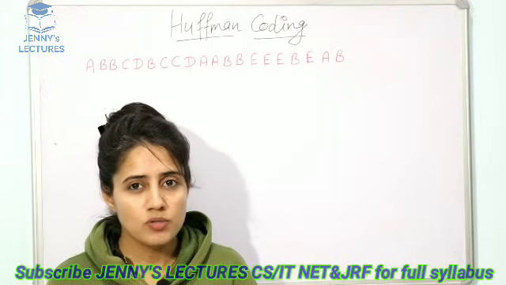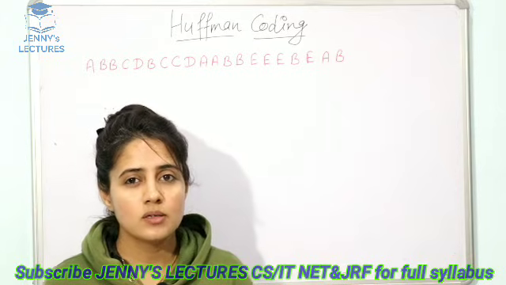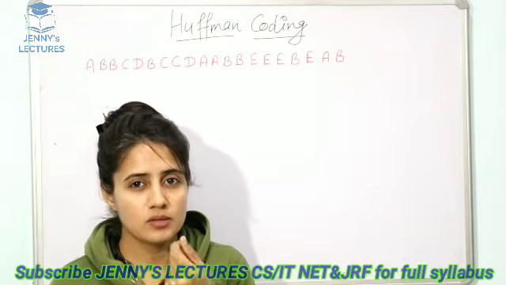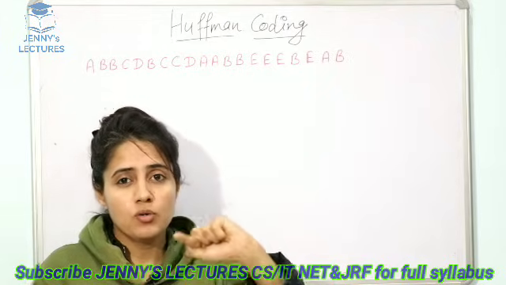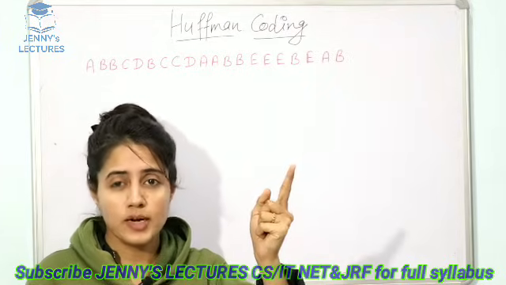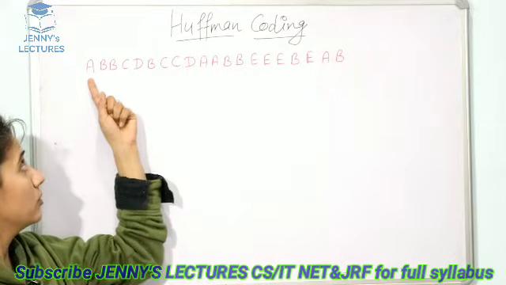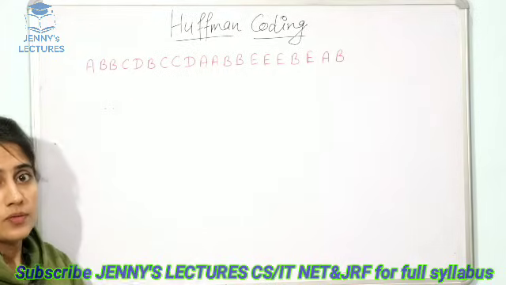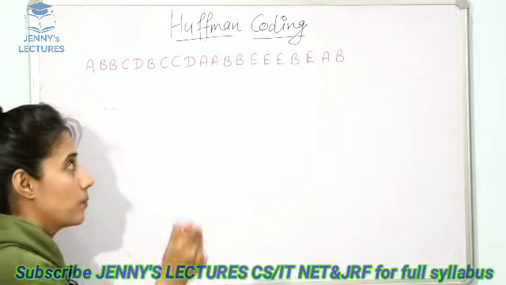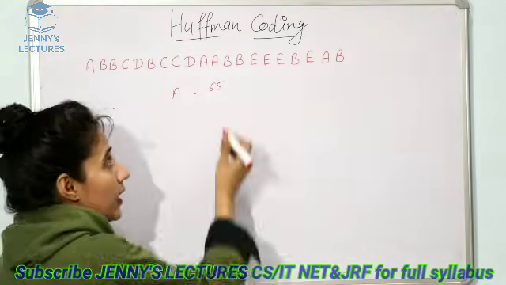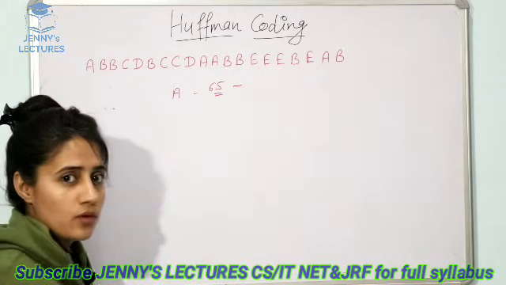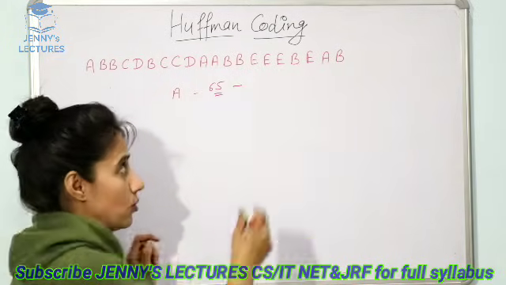When something is to be transferred on a network, suppose you want to transfer this message, then each character will be coded in ASCII form. Suppose A is to be transferred first. The ASCII code for A is 65, and this ASCII code will be converted into its binary form.